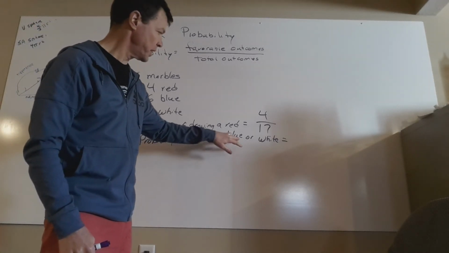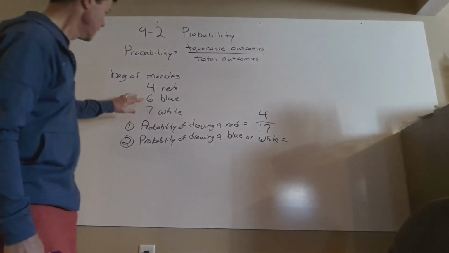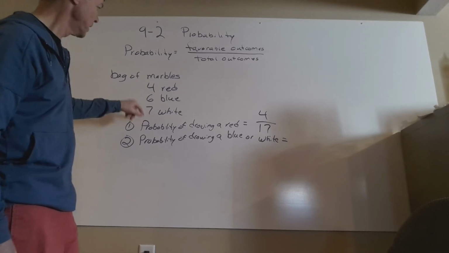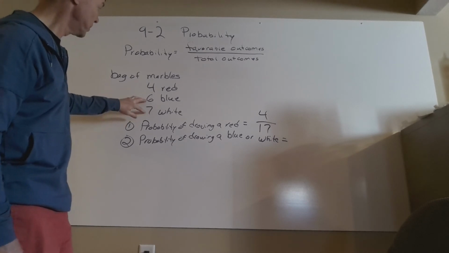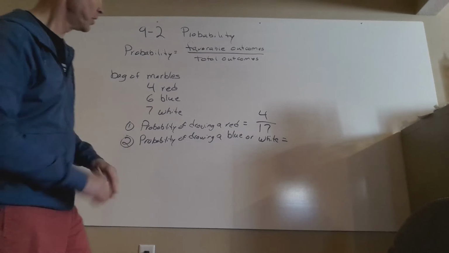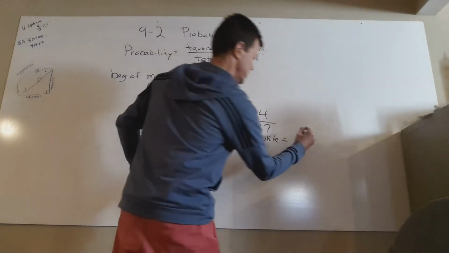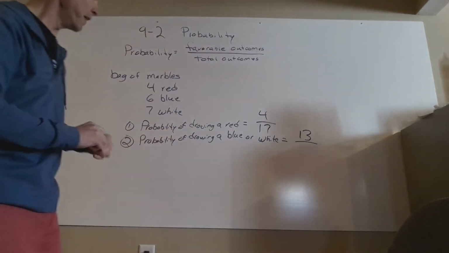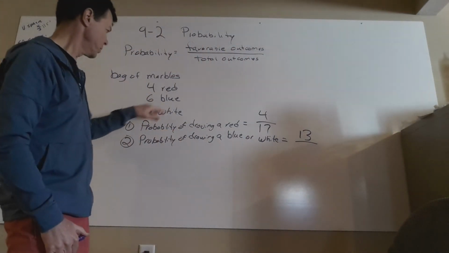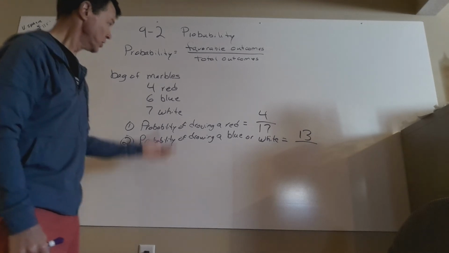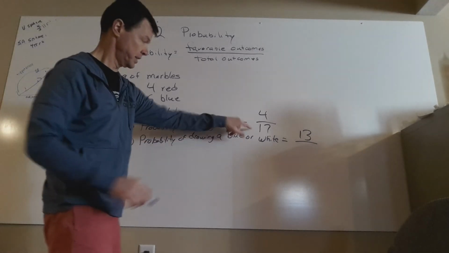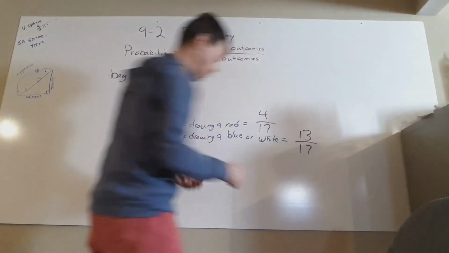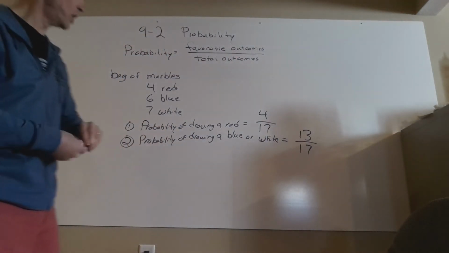Favorable outcomes is getting blues or whites. Either one is going to be fine. And there's 6 blues, 7 whites. Total for blue or whites would be 13. So there's 13 marbles in there that would be favorable outcomes. And that's all the blues and all the whites. And then your total outcomes stays the same at 17. So 13 out of 17 chances you will draw a blue or white marble.